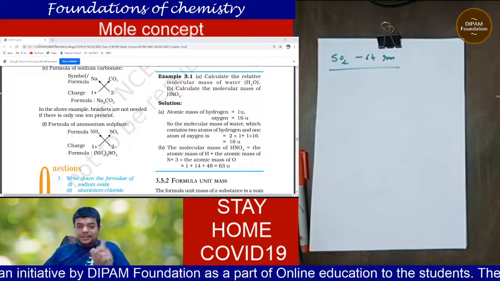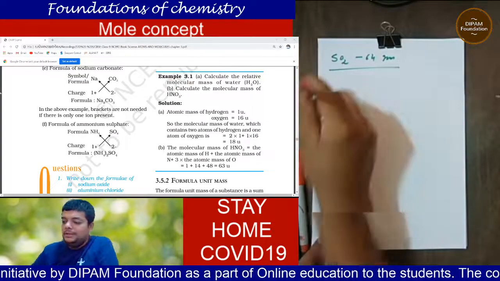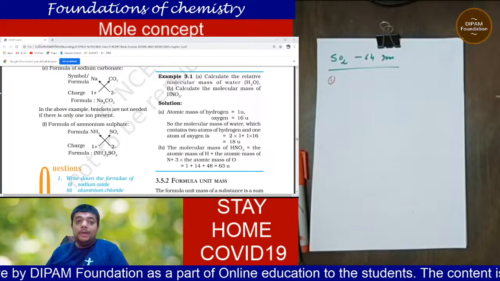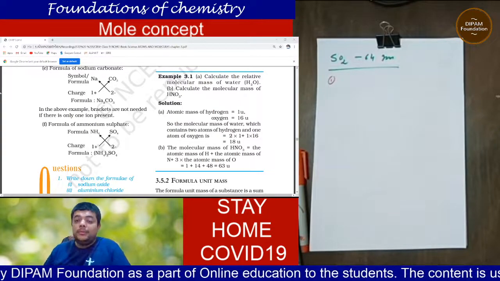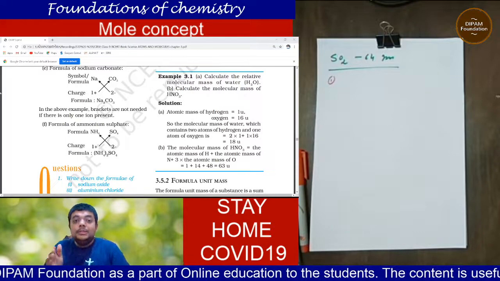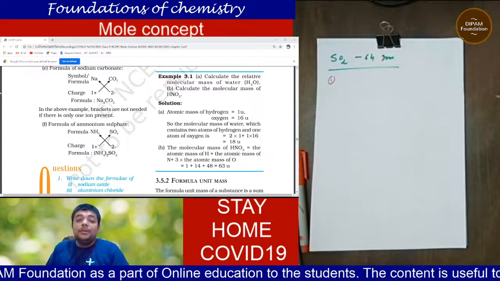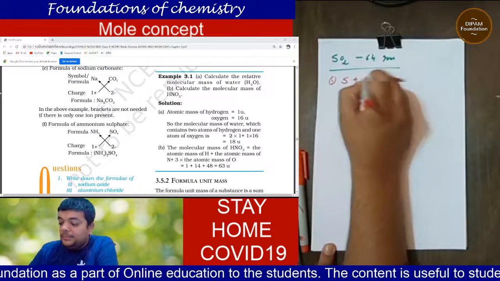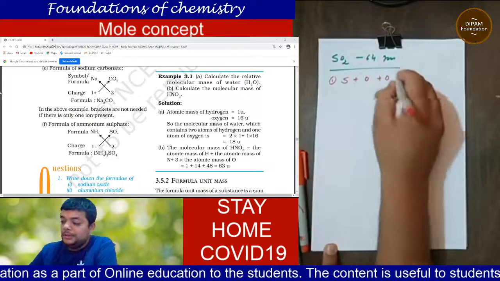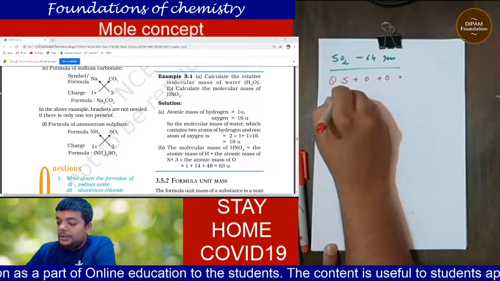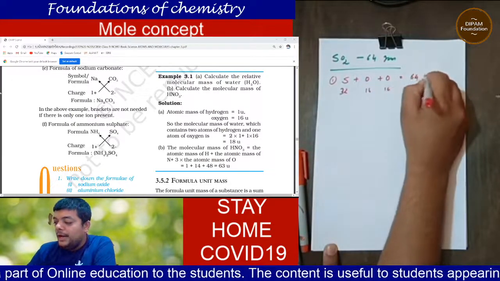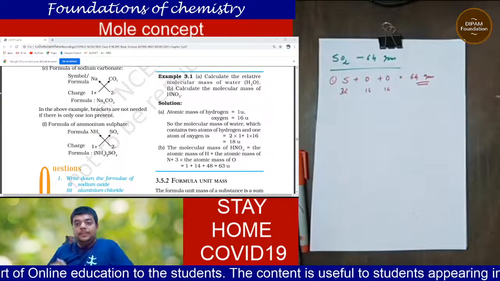The very first thing that you need to do is, number one, calculate the molecular weight as always. And when you are calculating the molecular weight, you know the method: the sum of atomic weights is always equal to molecular weight. So over here it is sulfur plus oxygen, and we know it is 32, 16, 16. So we will end up with 64 gram.